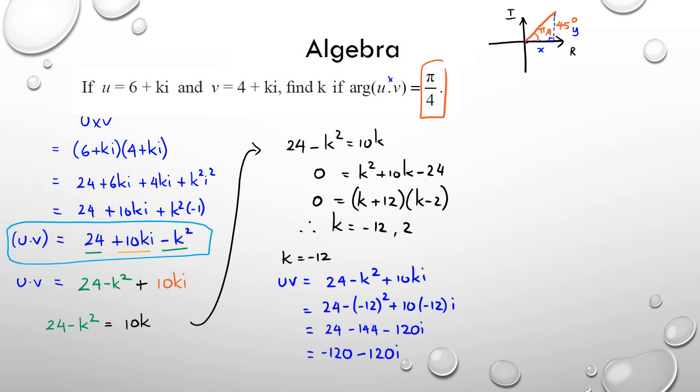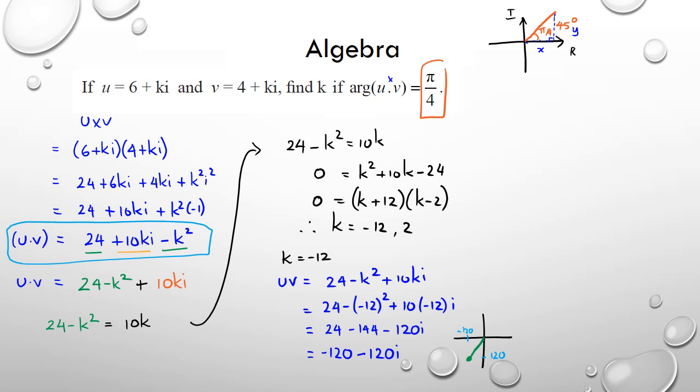If I draw this complex number, I know I'm running a bit short on space, minus 120 and negative 120i, that's minus 120, that's minus 120. So this complex number is going to look something like this.